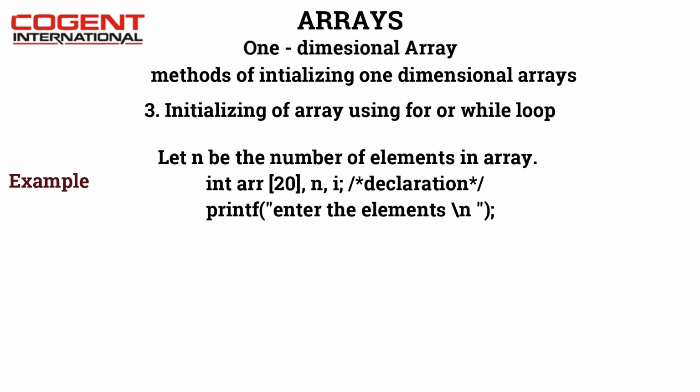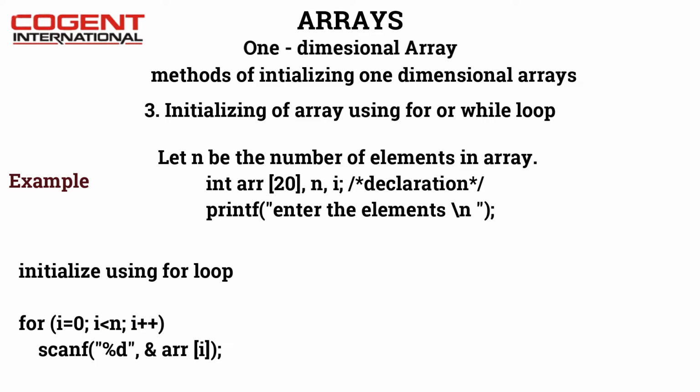Then we initialize using a for loop like this: for i = 0; i < n; i++, then scanf to read the array elements, that is scanf("%d", &array[i]). Here it will read the elements of the array. So this is initialization using the loop.